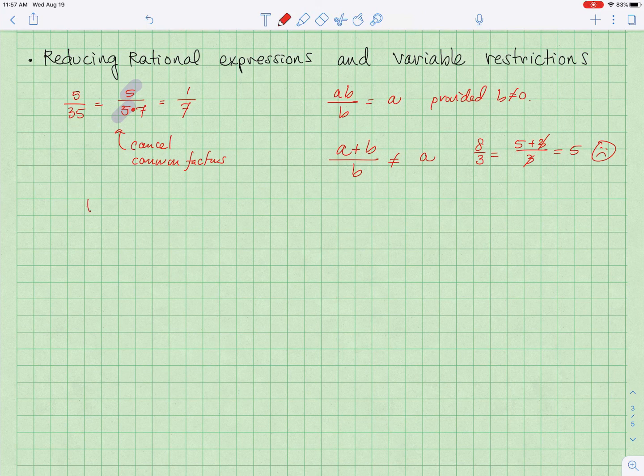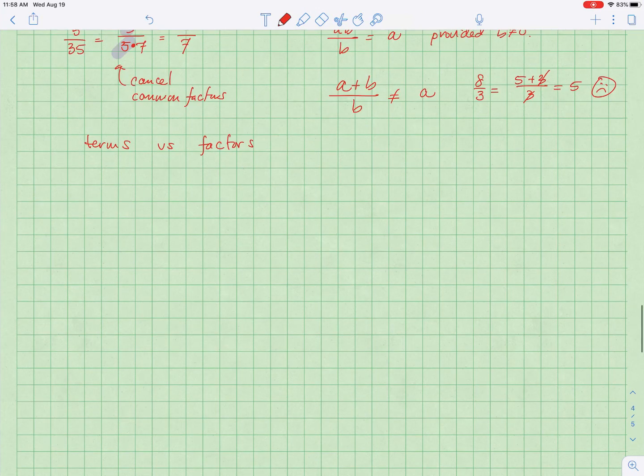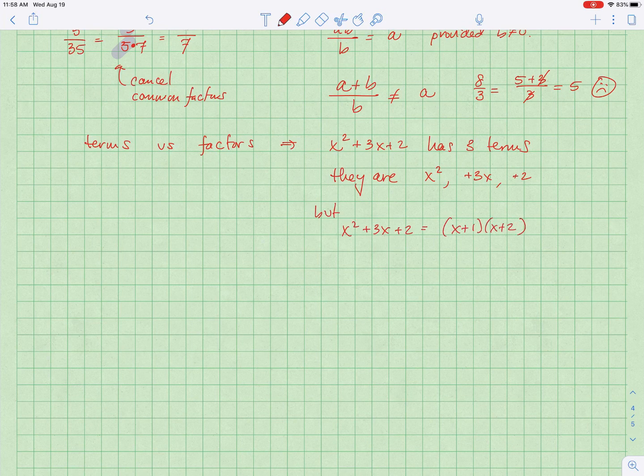So really quick, there's a difference between terms versus factors. x squared plus 3x plus 2 has 3 terms. They are x squared, positive 3x, and positive 2. But x squared plus 3x plus 2 is equal to x plus 1 times x plus 2 when factored, and has 2 factors.